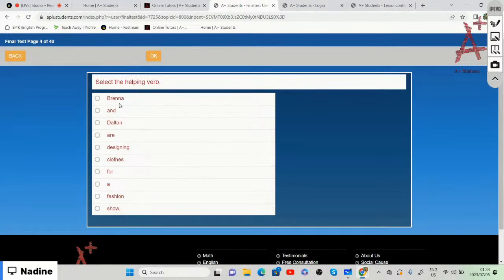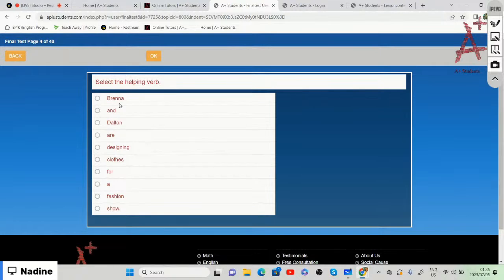We need to select the helping verb. Brenna and Dalton are designing clothes for a fashion show. In order for us to select the helping verb, we can first select what the main verb is.